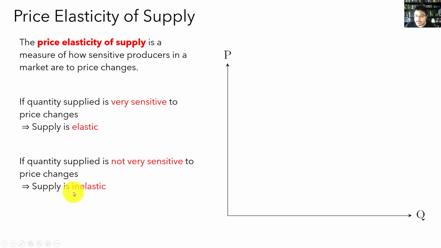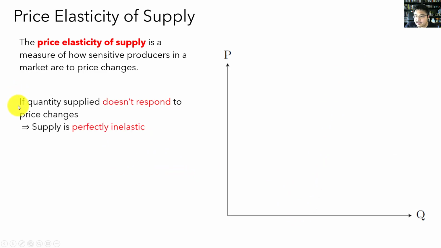Then we say that the supply curve is inelastic. And here's an example of an inelastic supply curve. It has a steep slope because what it's saying is that even for a very large increase in prices, quantity won't change by much. Okay, so an inelastic supply curve says that the quantity supplied is not very sensitive to price changes and it has a steep slope.